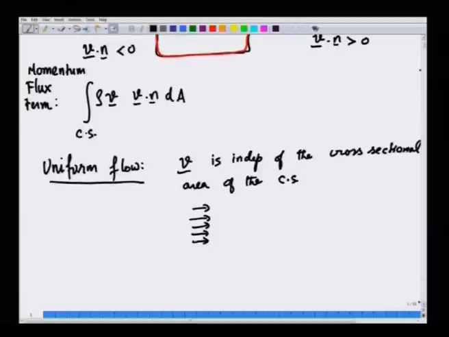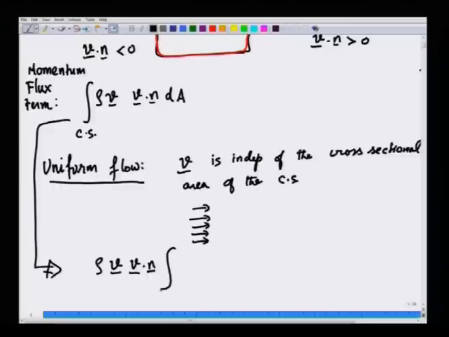So, the equation simplifies to the following: rho v dot n integral over the control surfaces dA. And this is simply rho times v dot n summed over the surfaces, and the integral of dA is simply A.